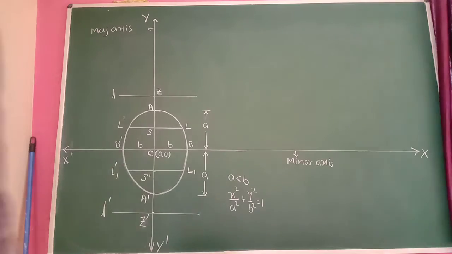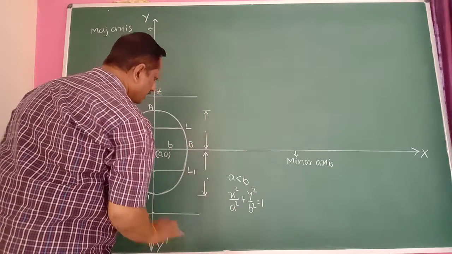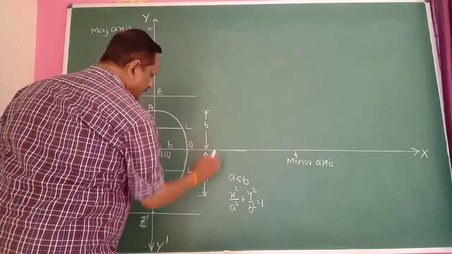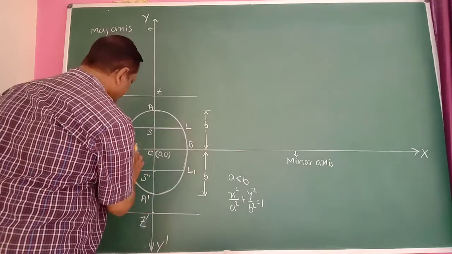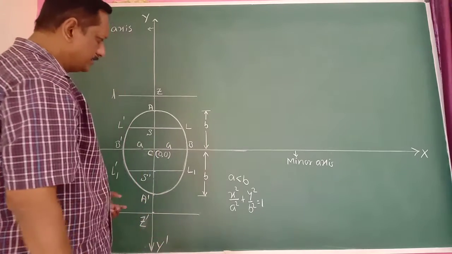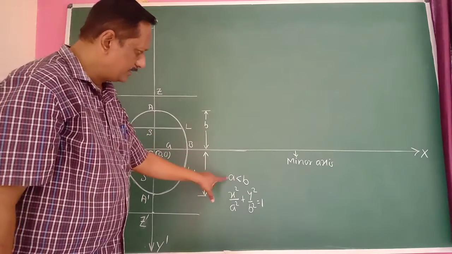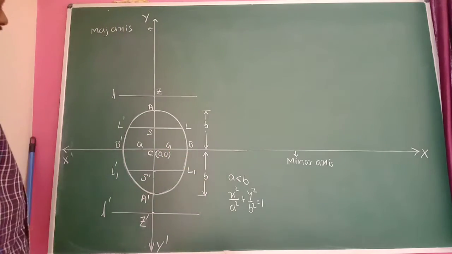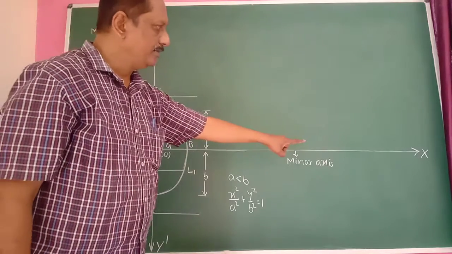So I took it wrong here, take this one as b. So this side has b units and this distance a unit. This is a and this is also a. Therefore, here a is less than b. So this is called the major axis and this is called the minor axis.